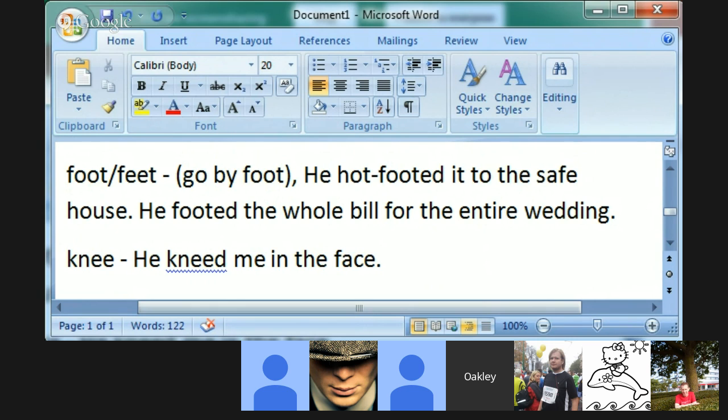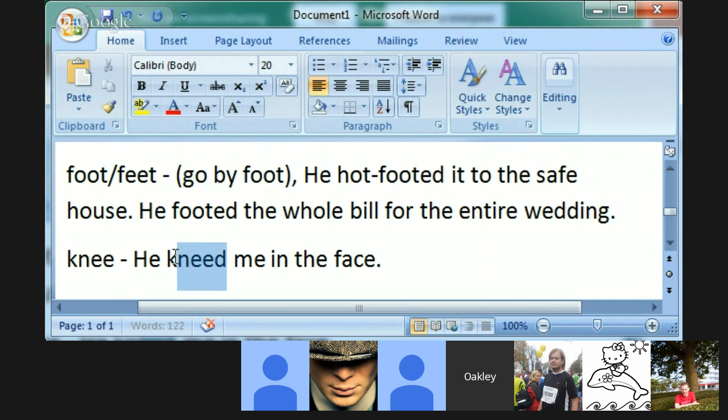So he punched me in the face, kicked me in the face, I got a stick in my face. We don't ever say on the face, always in the face. But yes, he kneed me in the face, absolutely.